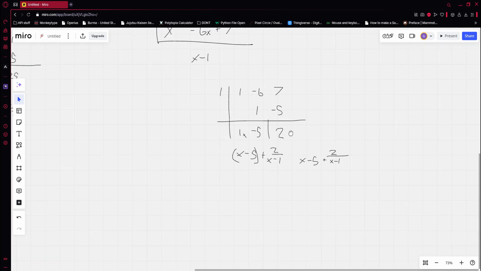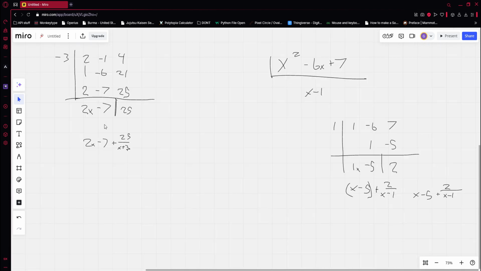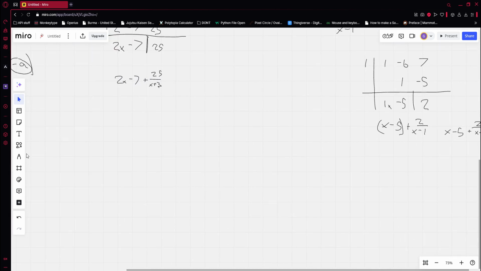Try this method, but always remember that it has to be dividing by x minus a. It has to be in 0 form, or else it does not work. So I'm going to give you the steps one more time.